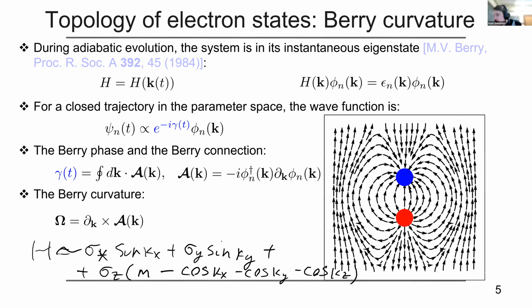Then one can find the spectrum of this Hamiltonian, the wave functions, and calculate the Berry curvature via this relation. That's it. And then in the space of kx, ky, it's really analogous to an electric field.